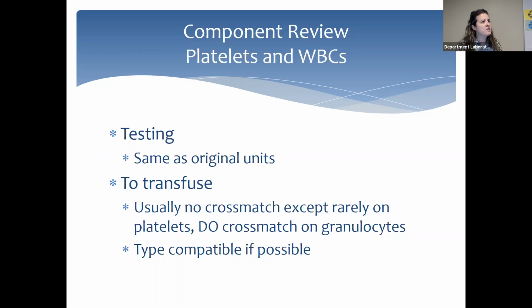Remember we mentioned how you have to cross-match granulocytes? Typically for platelets, we don't cross-match. Sometimes we don't even honor the ABO of the platelets. However, if your patient is refractory and their platelet count is not increasing with each platelet transfusion, that could mean that they have a platelet antibody. If they have a platelet antibody, we can cross-match platelets, right? So we take patient plasma and mix it with the platelets.